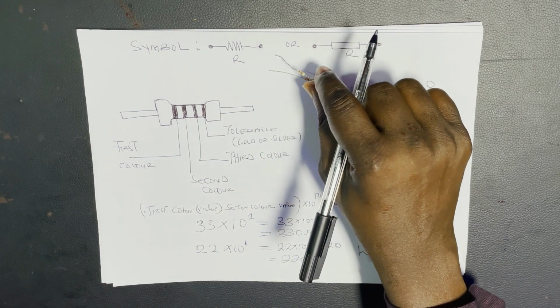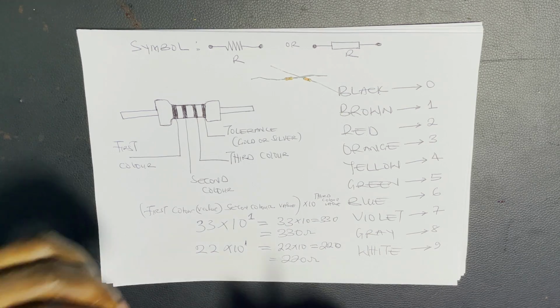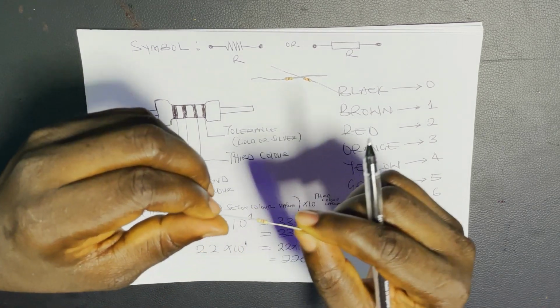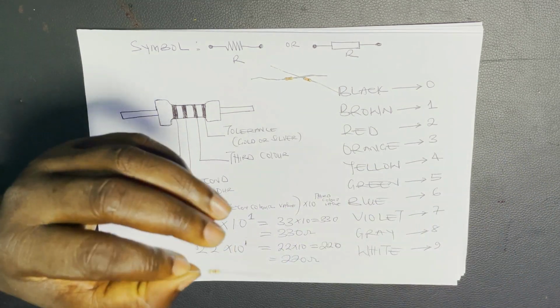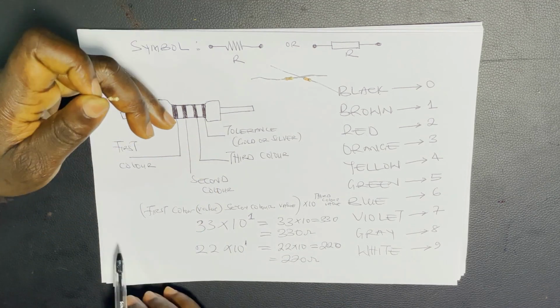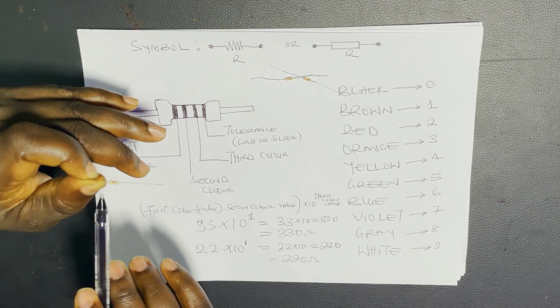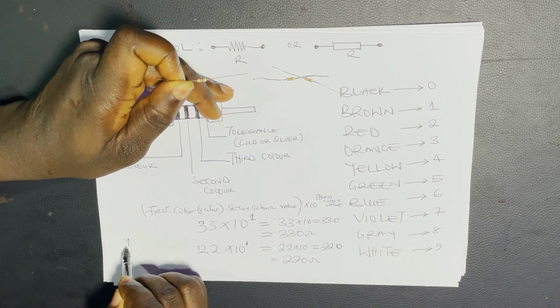So we can also try another one. This is another resistor. In this case we have brown, and the value assigned to brown is 1. So we have 1.